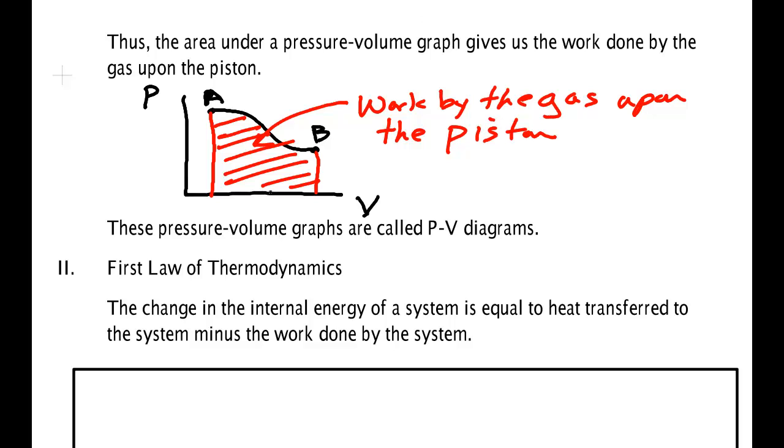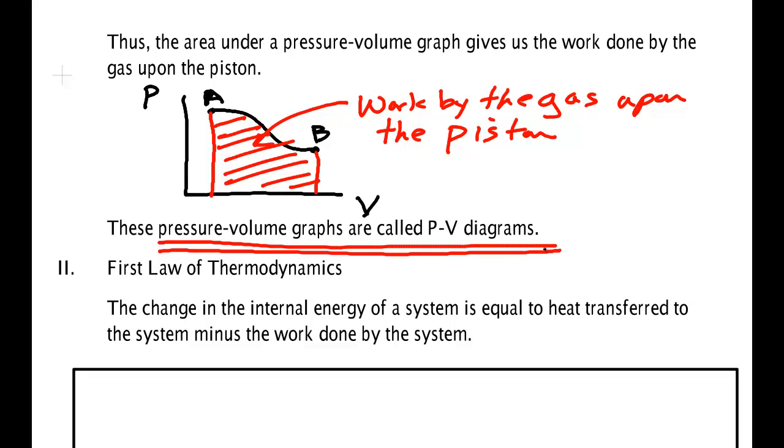So in gases, you can find the work the gas does by plotting the pressure of the gas versus the volume on a diagram. These pressure volume graphs, which are so useful for calculating work, are called PV diagrams. Remember, we've already seen that PV also has a place in terms of the internal energy through the ideal gas law for that system.